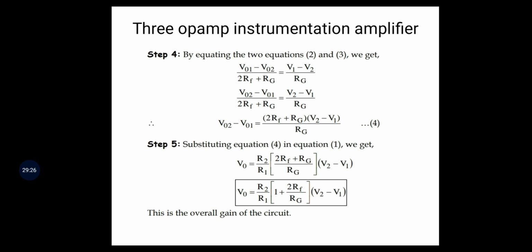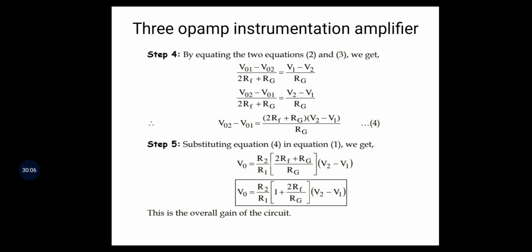Next, by equating the two equations 2 and 3, we get (V01 minus V02) by (2RF plus Rg) equal to (V1 minus V2) by Rg. That is, (V02 minus V01) by (2RF plus Rg) equal to (V2 minus V1) by Rg.